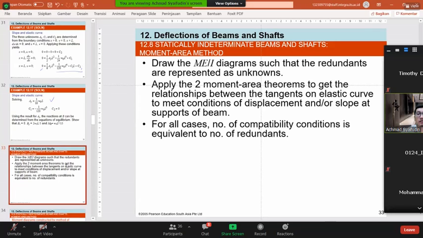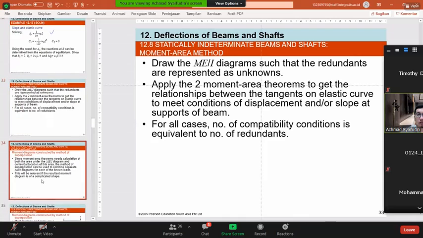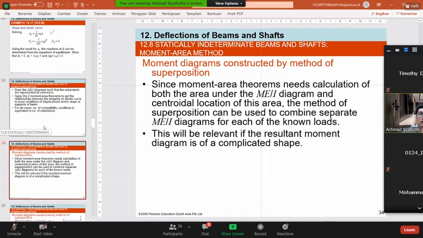The basic concept is still similar, and we have to construct as many equations as possible, at least three equations, coupled with the rigid body equilibrium. And you can read the procedure.